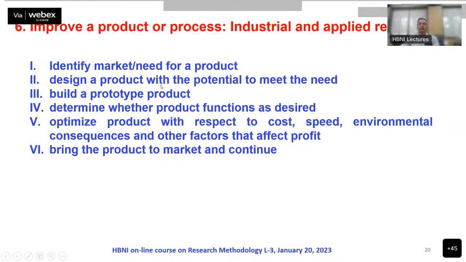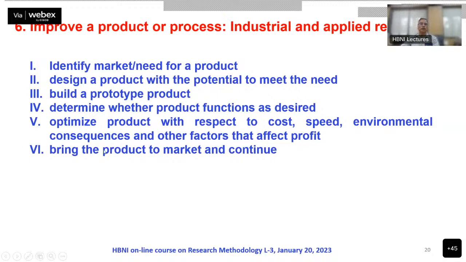Design a product with the potential to meet the need. Build a prototype product. Then determine whether the product functions as you desired. Then optimize the product with respect to cost, speed, environmental consequences, and other factors that affect the profit.